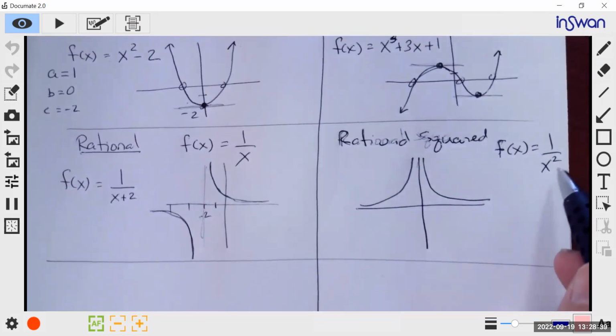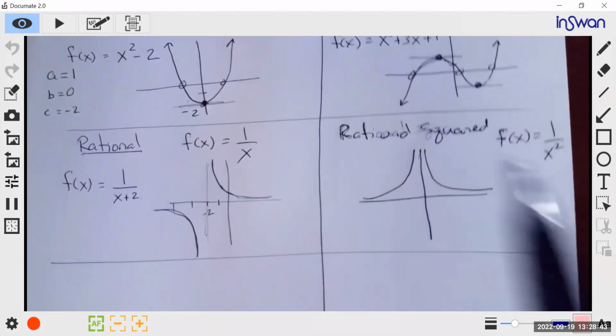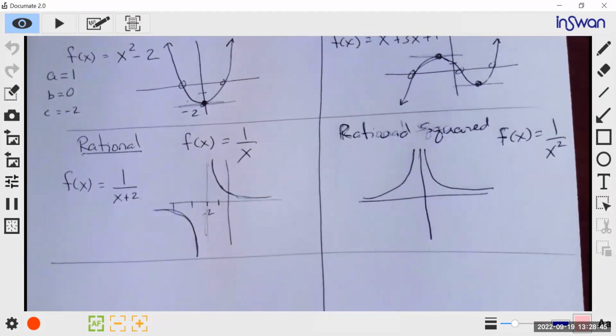Because the bottom is squared, that's where the x is, the answer can never be negative. So it can only be positive. It's always above the x-axis, all our answers.